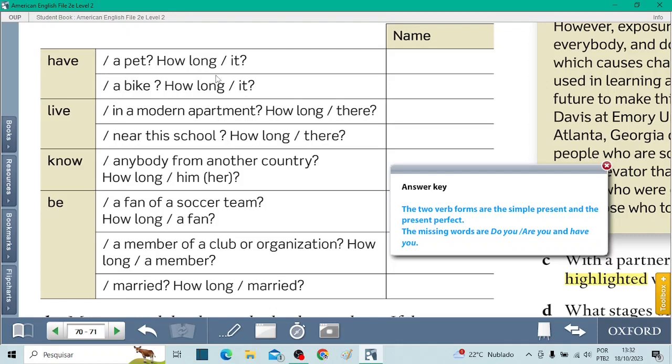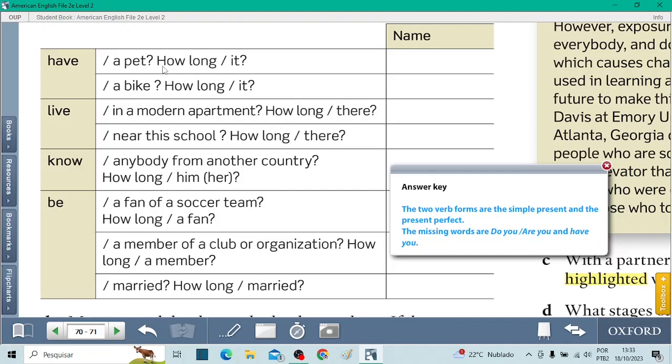How long have you had it? Right? So here we have a simple present question where we need to use do or does, and also we can use the verb to be, correct? Since the questions are for a person, we can use do you or are you.